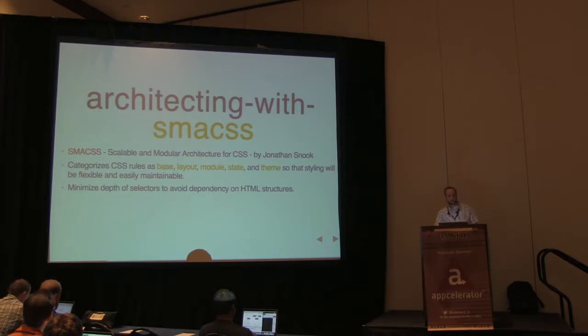Basically, you want to break your CSS rule sets into 5 categories. You have base, layout, module, state, and theme. And the good news is, out of these 5 categories, most of the time you're going to be using the first 3: base, layout, and module. Right? And we'll go a little deeper into what each of these is in just a second.